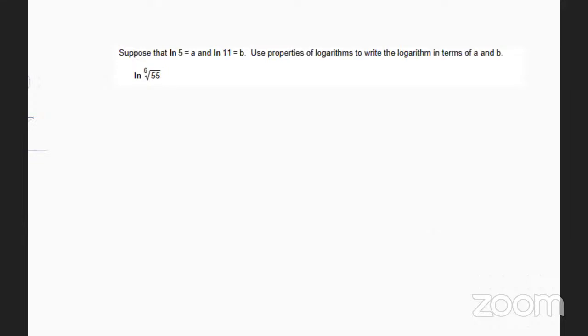All right. So the ln of the sixth root of 55, I can rewrite that as the ln of 55 to the 1/6, and I can write 1/6 in front of that, so 1/6 times the ln of 55.